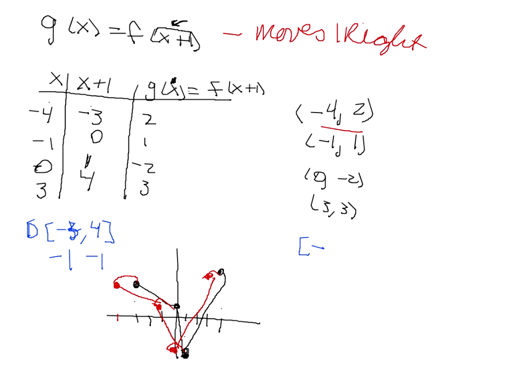So my new domain is -4 to 3. My range stays the same because I have moved horizontally. So when I move horizontally, the domain changes and the range stays the same. Okay, the next one.